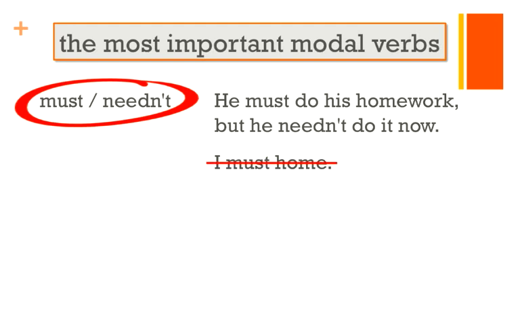No, you can't. It's only a modal verb. And we know by now that modal verbs you would have to use with the infinitive without the to. So I must home, which works in different languages, in German for example. It does not work in English. So you have to say I go home, or I must go home, or he must go home.